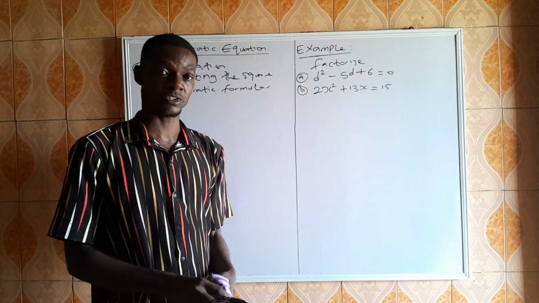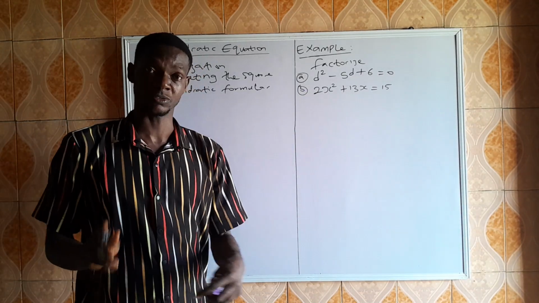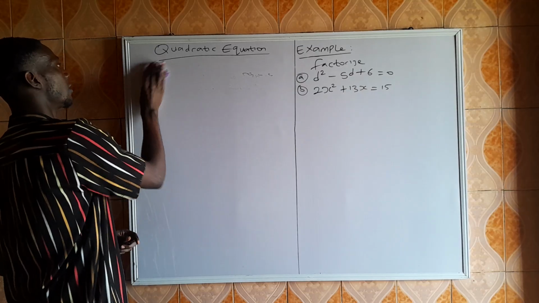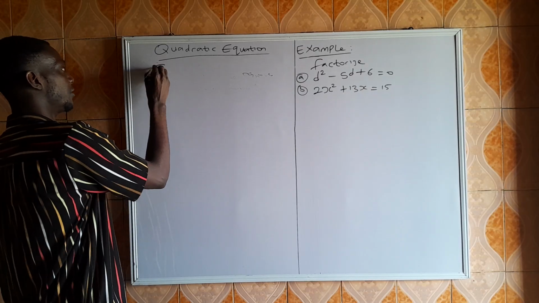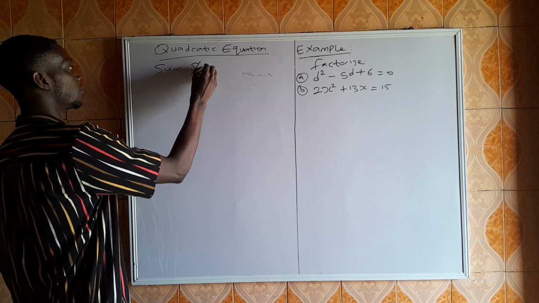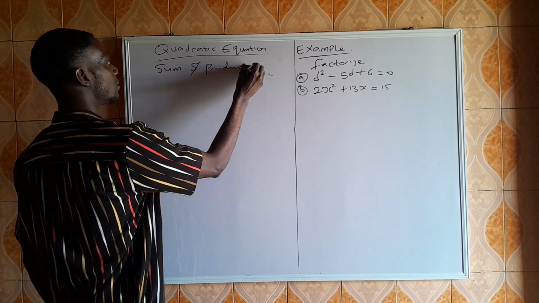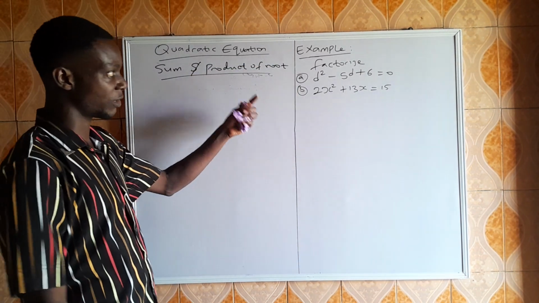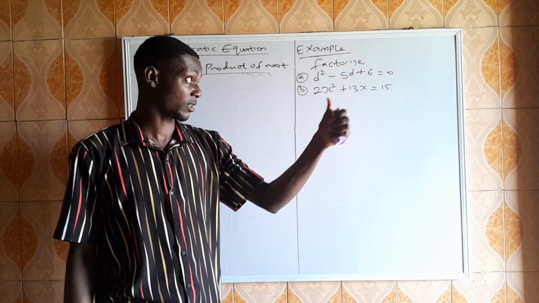We'll be starting with the factorization method to solve this question. Before then, I want us to treat the sum and product of roots. This will help us in solving this question.